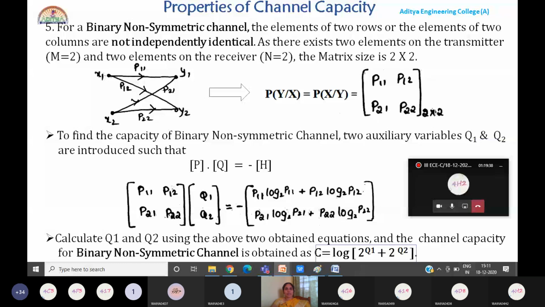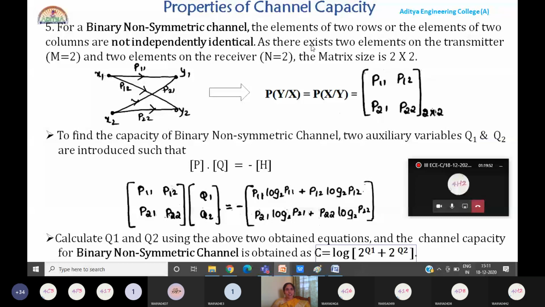Non-symmetric. So as the name specifies, the elements of the two rows or the two columns are not identical. There is no need for the two row elements or the two column elements to be identical. Okay.